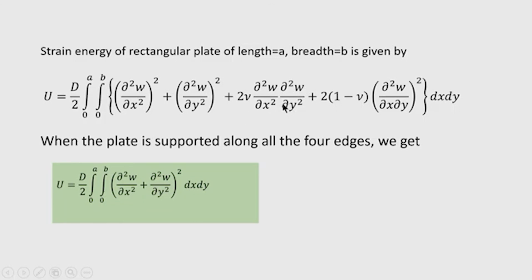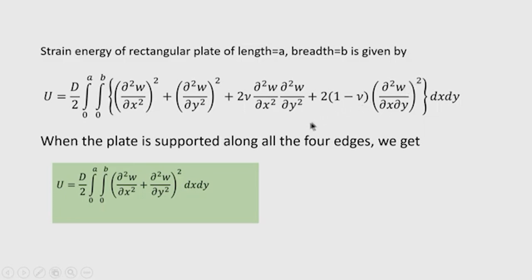Then we can write this expression in this form: del square w by del x square plus del square w by del y square whole square, minus some term which contains the product of del square w by del x square into del square w by del y square minus del square w by del x del y whole square, that I have discussed in the last class.